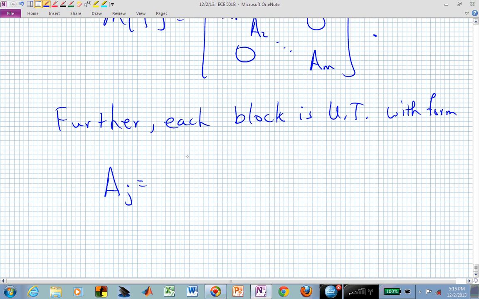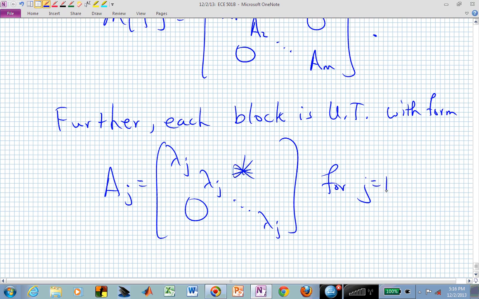A sub j is equal to lambda sub j, lambda sub j, lambda sub j on the diagonal, with something above that and all 0 below, for all of these j's.